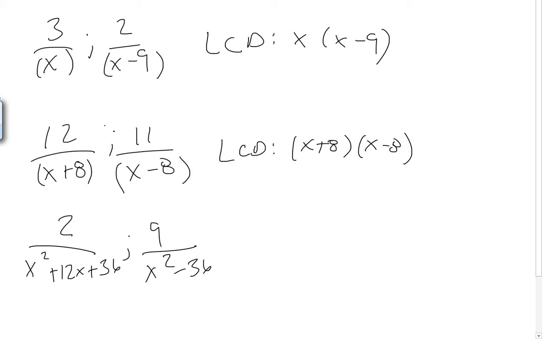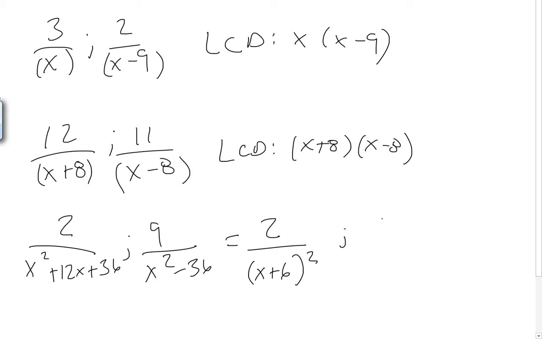Notice in this case the denominators are factorable, they're just not factored. So if I factor x squared plus 12x plus 36, I'm asking myself what two numbers multiply to 36 and add to 12. It's 6 and 6. So it factors to be x plus 6, x plus 6, or what I should do is write it as x plus 6 squared.